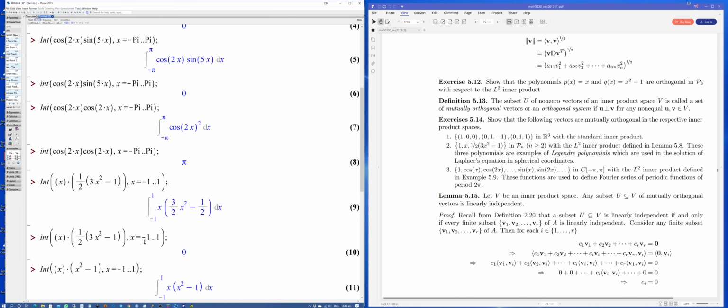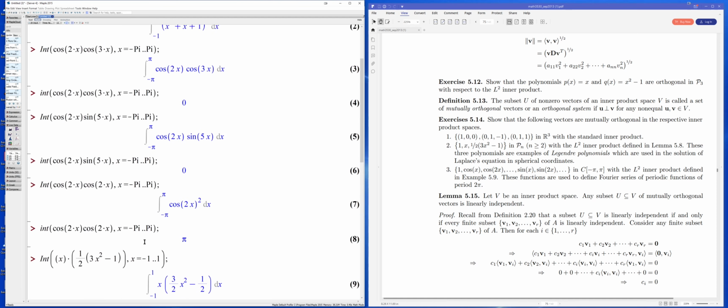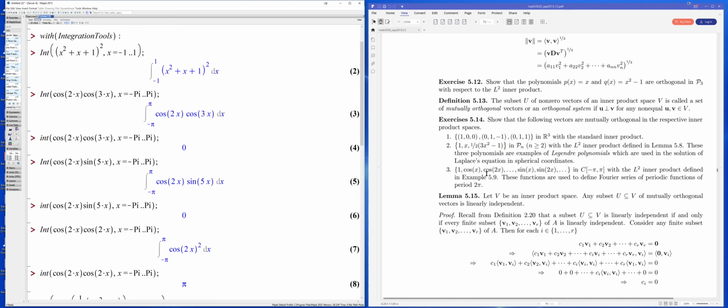If these are mutually orthogonal, what it means is that if I have two different ones, so for example two different cosines, cosine 2x and cosine 3x, and I integrate that between pi and minus pi, when I actually work it out, I'll get 0. So two different cosines would be mutually orthogonal. This is just an example, and it would take a certain amount of working.